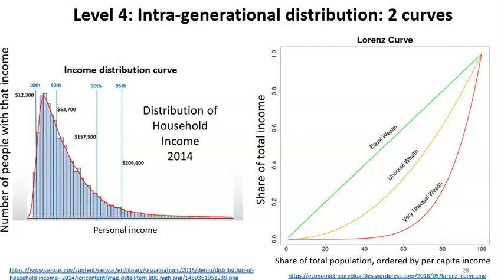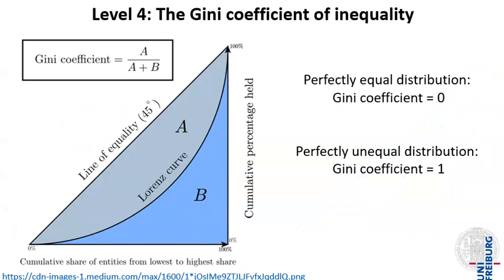We can, for this Lorenz curve, define the so-called Gini coefficient, which is the area between the actual distribution and the perfect distribution, so the area A, divided by the total area. And if you look at this definition equation a bit more closely, you realize, well, in a perfectly equal society, the Lorenz curve equals the line of equality, so area A is 0.